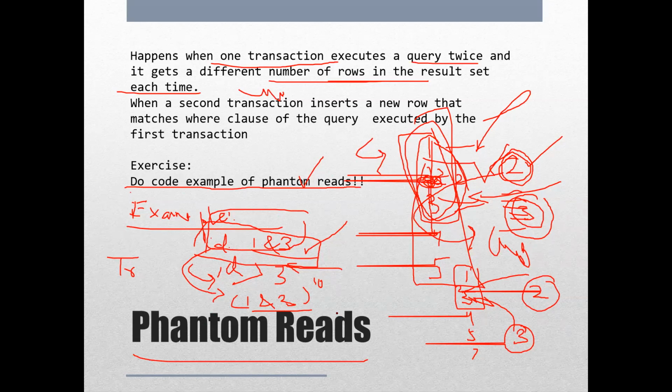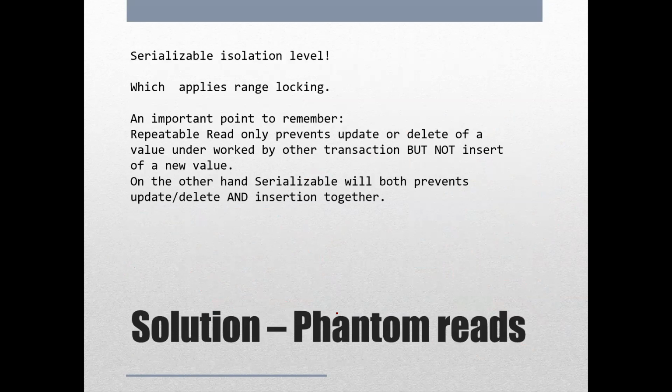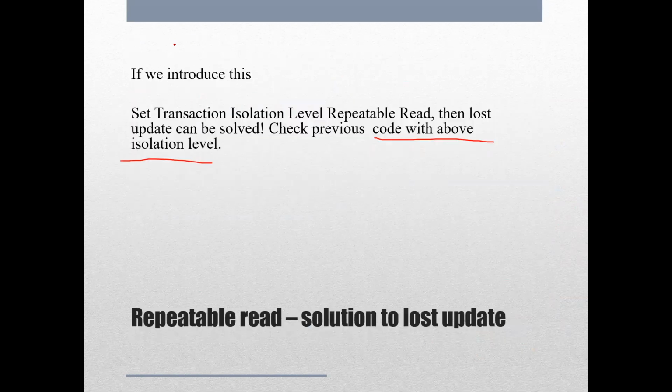All right. So phantom reads can be solved by using serializable isolation level. One very important thing you have to keep in mind: serializable is the maximum level of isolation, which provides us the facility of solving all those problems, starting from dirty reads.